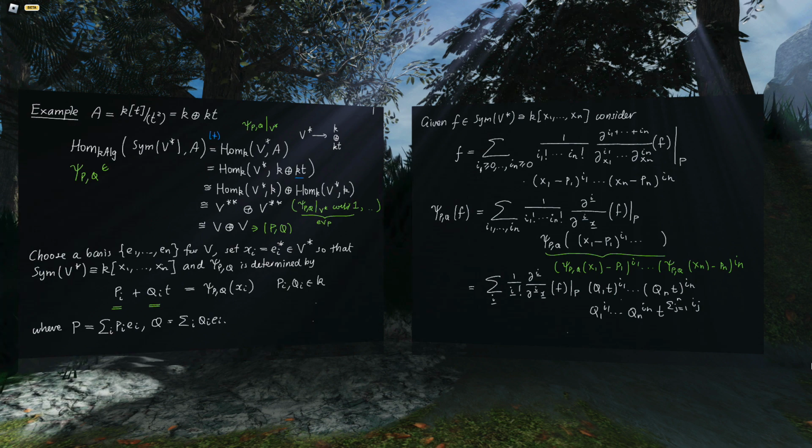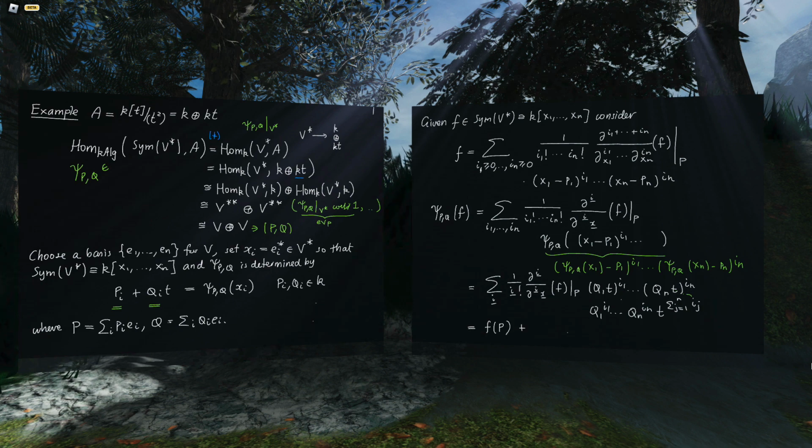Okay, so you can see hopefully what this sum has to be. I get the case where the multi-index I is just all 0, so there's no derivative, and I'm just evaluating f at p. And then the rest of it doesn't do anything, right? All the i's are 0, so this is just a bunch of 1s times t to the 0.